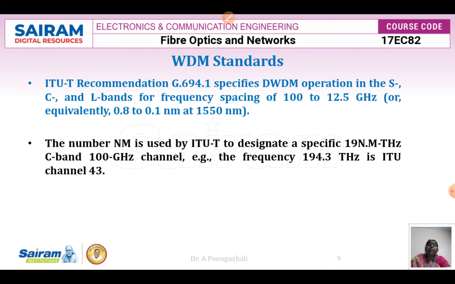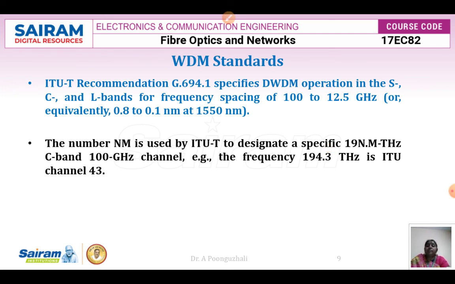When I specify a format, for example, 19n terahertz is used in the C-band, which is a 100 gigahertz channel. Suppose the frequency is 194.3 terahertz, then 43 is the channel number specified for that particular frequency.